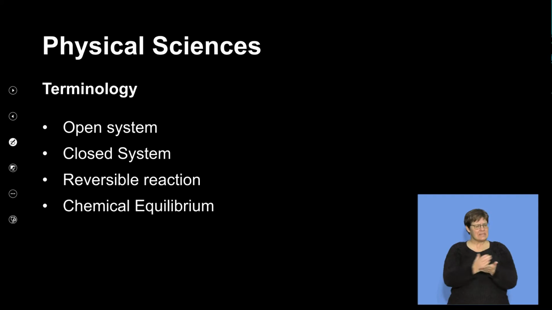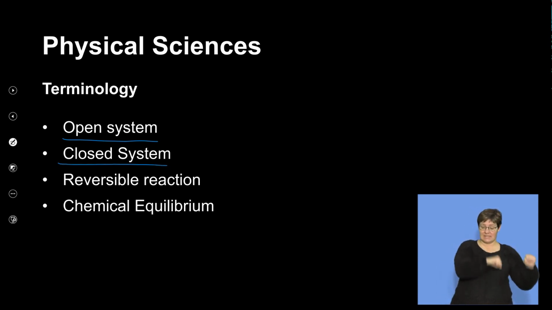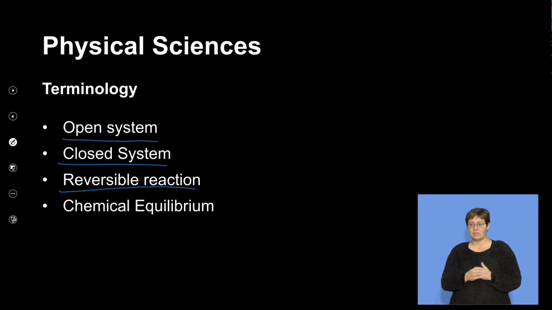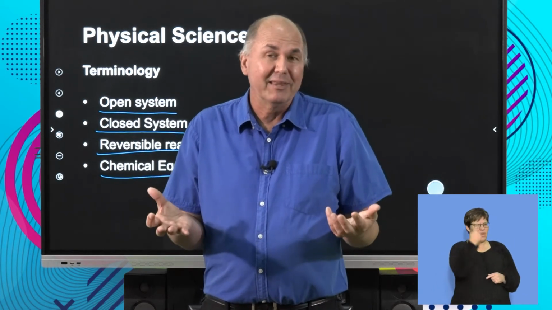So let's go over the basics. The important words for chemical equilibrium are these ideas about an open system, a closed system, a reversible reaction. And then what is chemical equilibrium? Well, they're all very important ideas, and we want to try and unpack them one step at a time. Now, if we talk about an open system, what do you think that means?